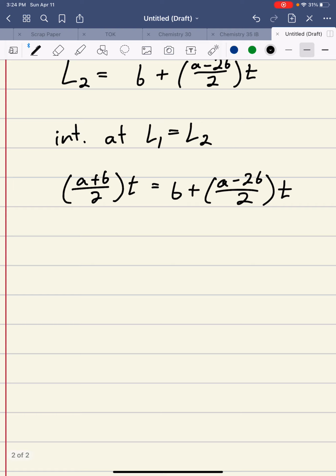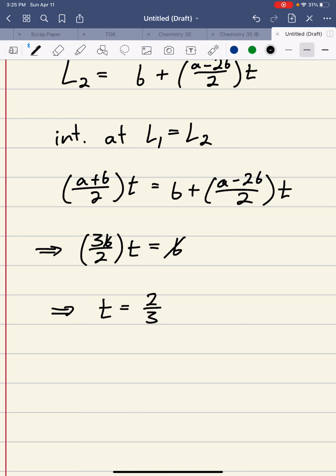Okay, so let's get the t's all together, combine like terms. That gives us 3b over 2 times t equals b. The a's cancel in this case, and if you divide both sides by 3 over 2, you get t is equal to 2 over 3.